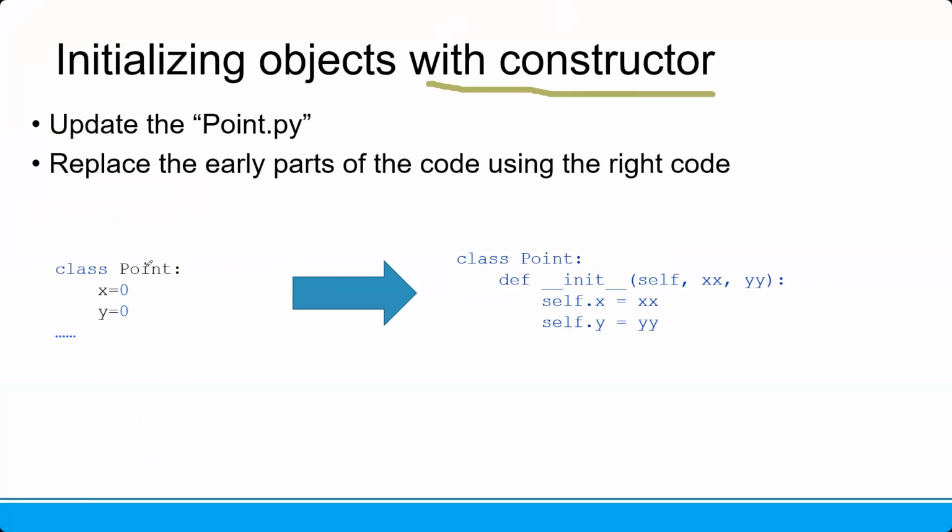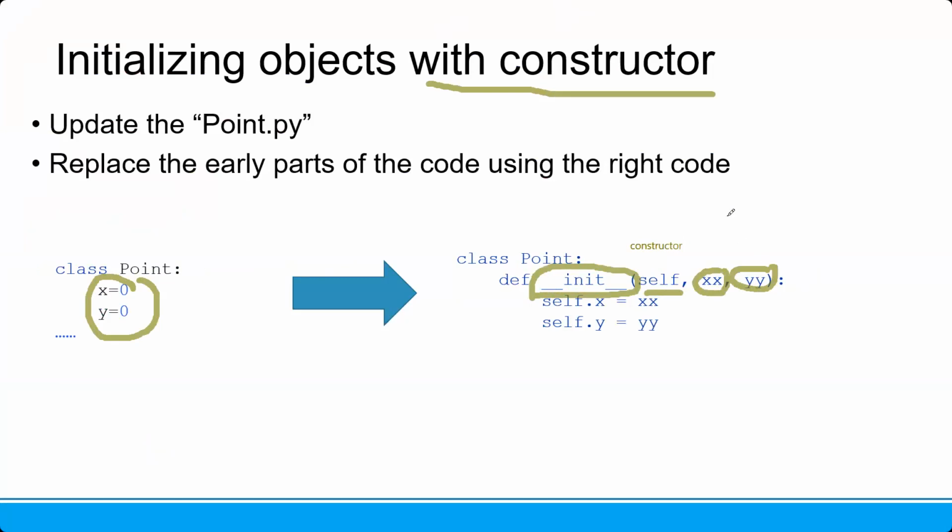Let's say we have X and Y. So we can define one method, we call it init. This init means constructor. And we have self to indicate its object or its instance, and we will have two variables or two data members.